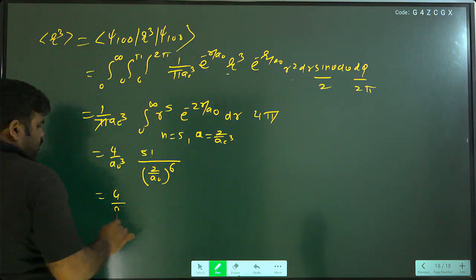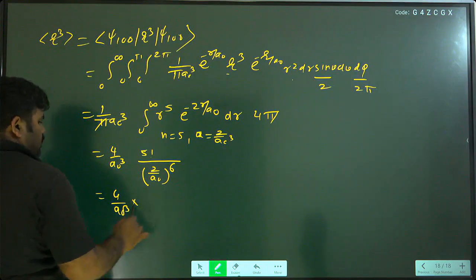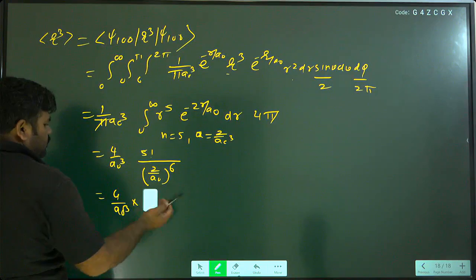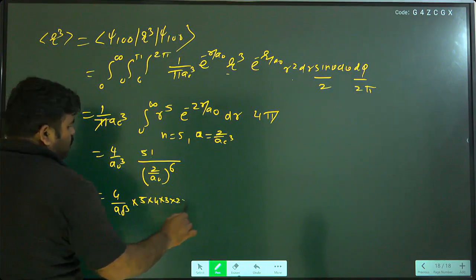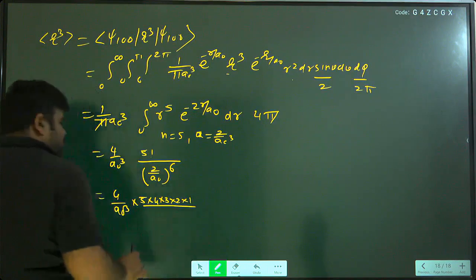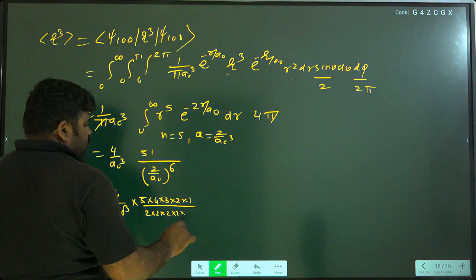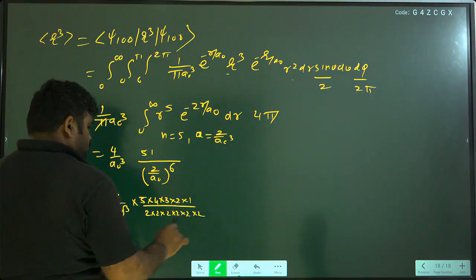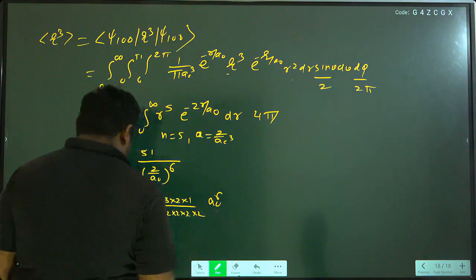Then this is equal to 4 upon a naught cube into 5 into 4 into 3 into 2 into 1 divided by 2 into 2 into 2 into 2 into 2 into 2, 1 2 3 4 5 6, into a naught to the power 6.